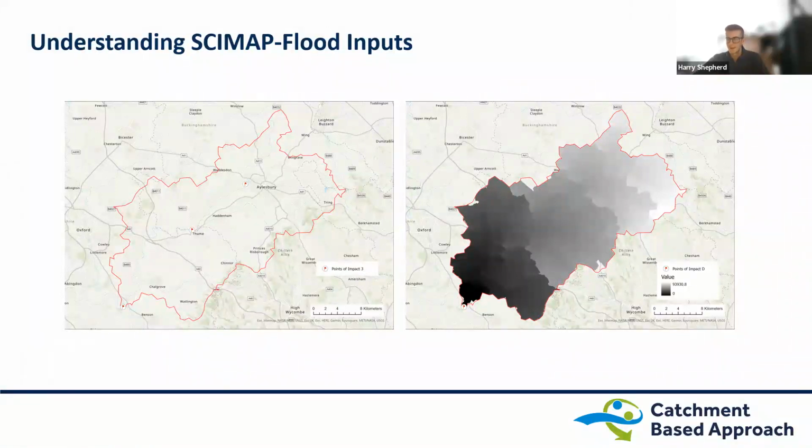One final thing to note about the travel times is, so this one you can't see because the impact point is at the bottom of the catchment. But if it was further up the catchment, then any point below there will get a score of 0 because it won't reduce flooding upstream.